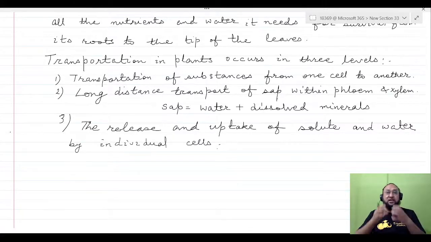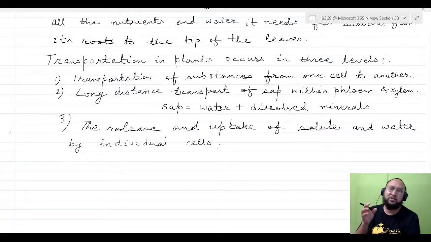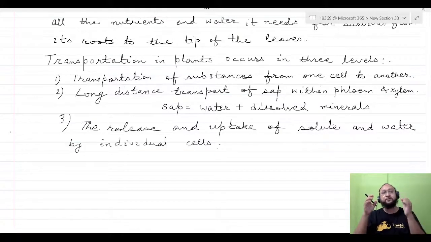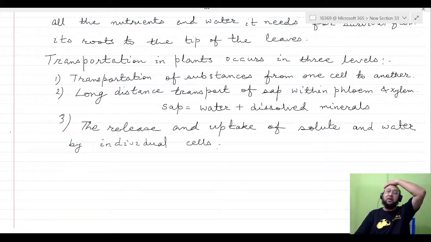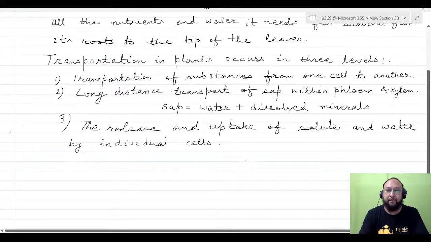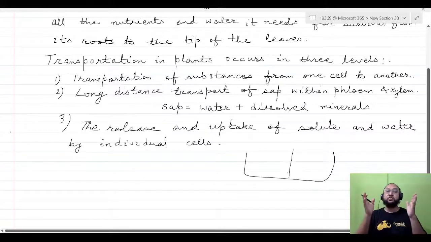And release and uptake of solute and water. You must have studied in class 9 about osmosis or the diffusion process, from higher concentration to lower concentration. In the case of gases, from higher concentration to lower concentration, it will automatically try to move. Suppose you take a glass vessel and separate it completely into two chambers by a partly semi-permeable membrane.